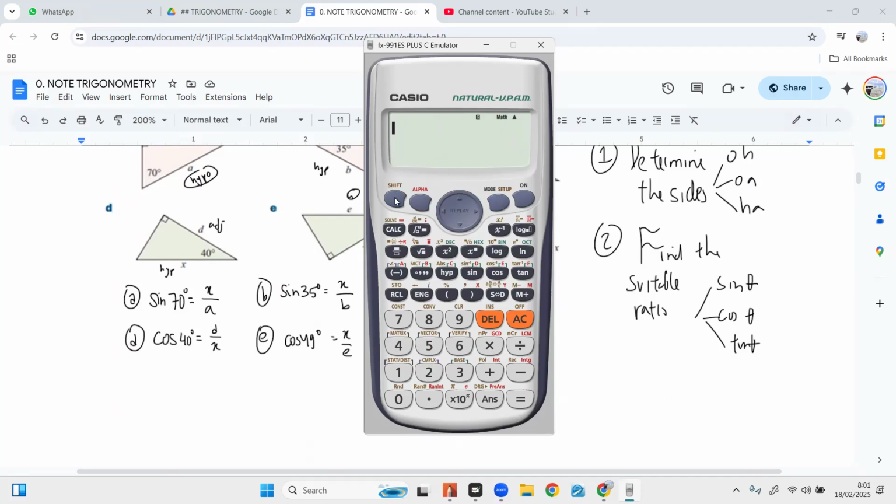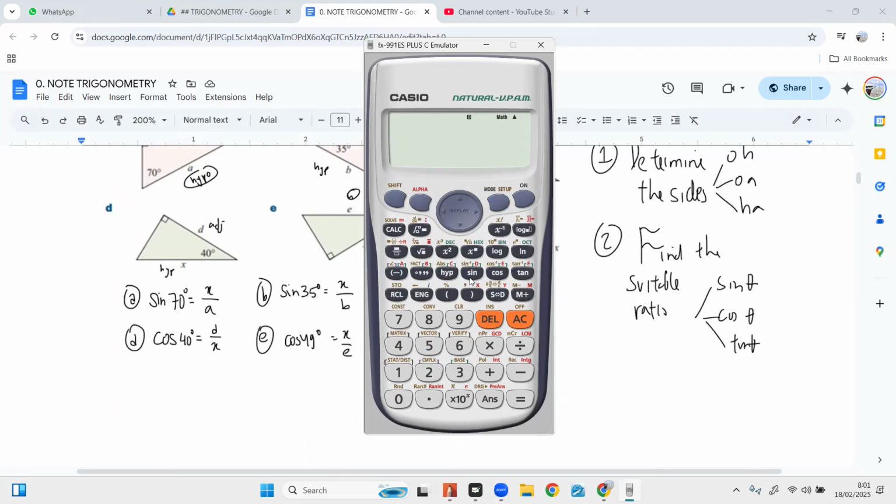So then you have R. The top letter changes to R. So you can do the radian. Okay. Back to degree, shift mode 3 for degree. So that's for the input units for the angle.